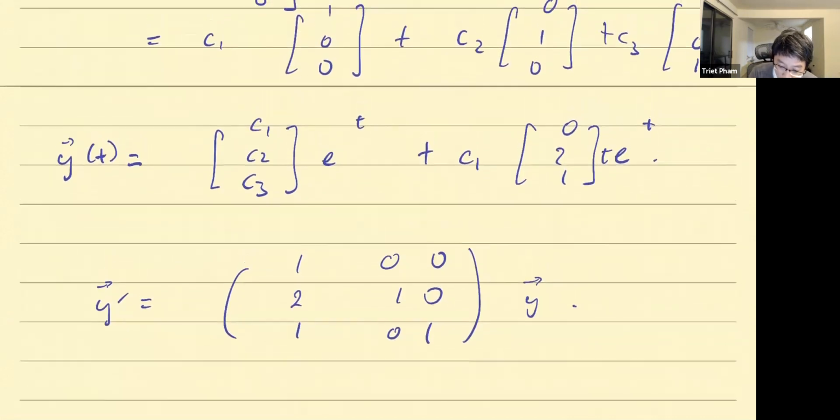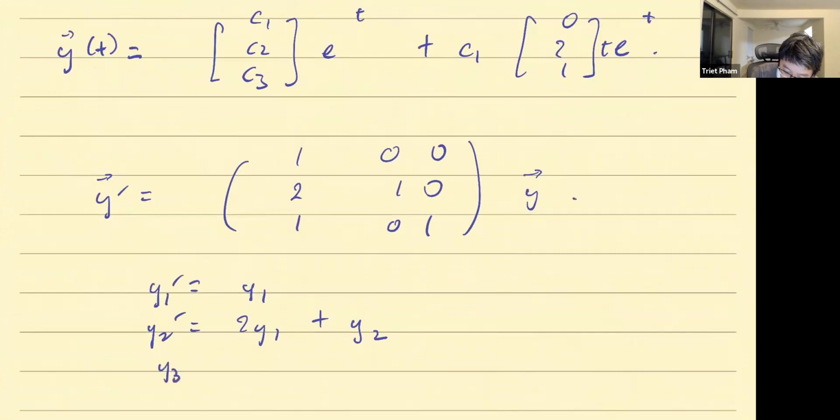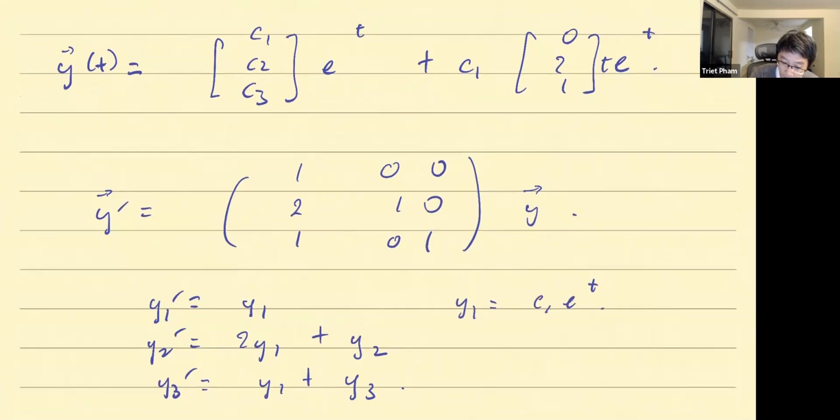It's actually very easy. What does this system say? y1 prime equals y1, y2 prime is 2y1 plus y2, y3 prime is y1 plus y3. It's super easy. In particular, what's y1? y1 is C1 e to the t. Do you see that?